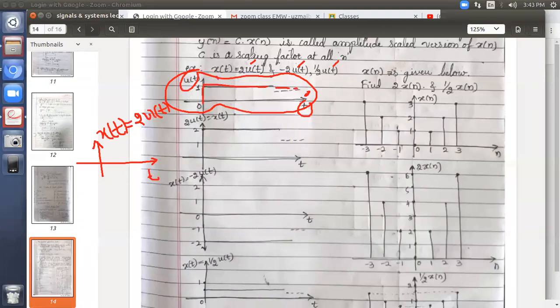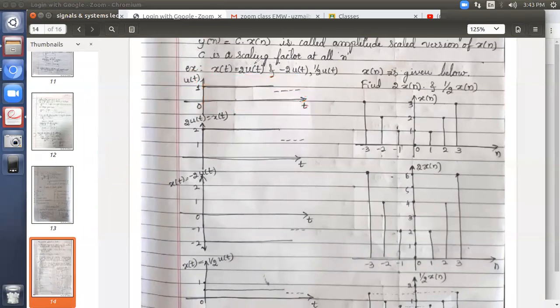Now, in order to get the first signal, 2 into u of t, here I will mark. So horizontal is the time and vertical is the signal. And I have mentioned very specifically, x of t is equal to 2 into u of t. Then, what is the amplitude for u of t?